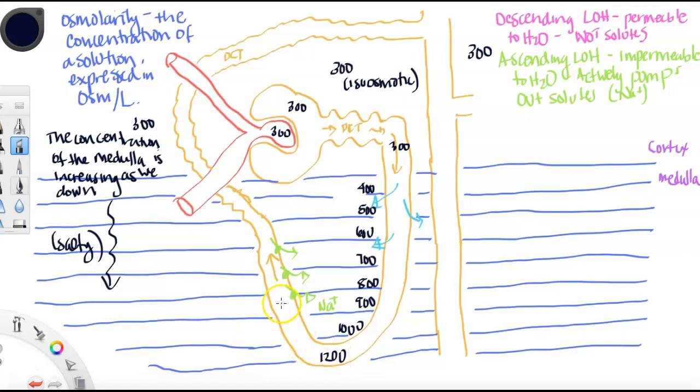And then we take the hairpin turn, come back up, and then we start getting less and less concentrated again as we're going back up. Okay, so how does this occur? This change in osmolarity as we go down the medulla is caused by something called the countercurrent multiplier.